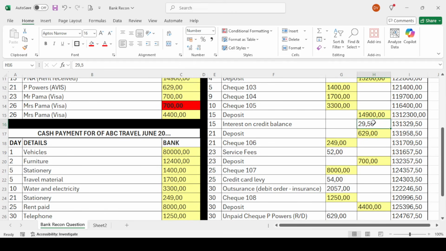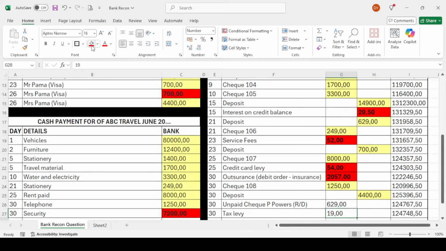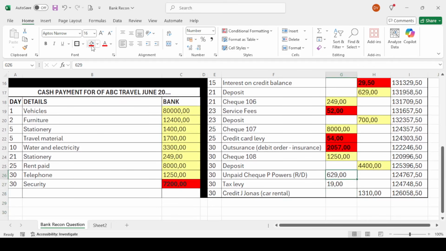So here we left out and we didn't tick the 29 Rand 50, the 52 Rand, the 54 Rand, the 2,057 Rand, and the last, there's quite a few, 629 Rand, as well as the 19 Rand, and 1,310 Rand.